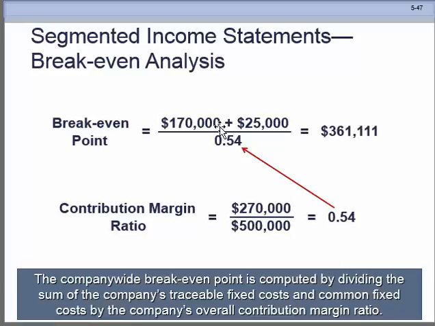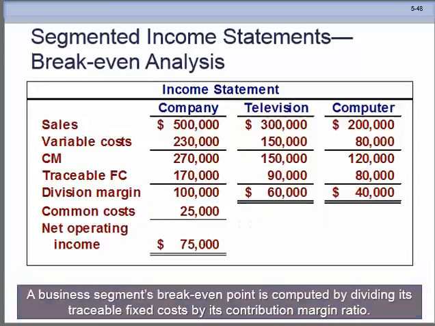Now when we do the traceable and the common cost divided by 0.54, our break-even point is $361,111. So the break-even point is computed by dividing fixed costs by the contribution margin ratio. Okay.